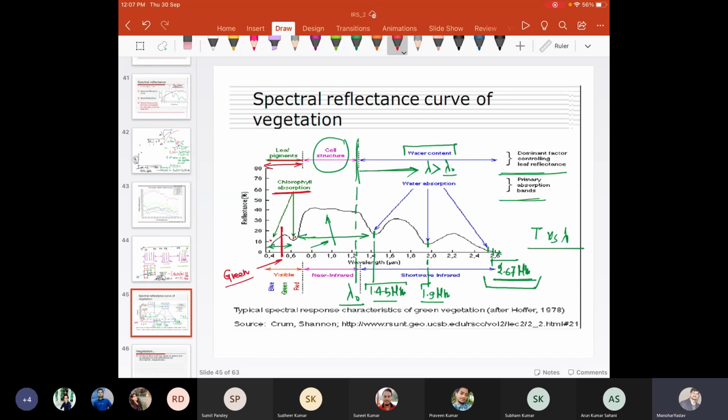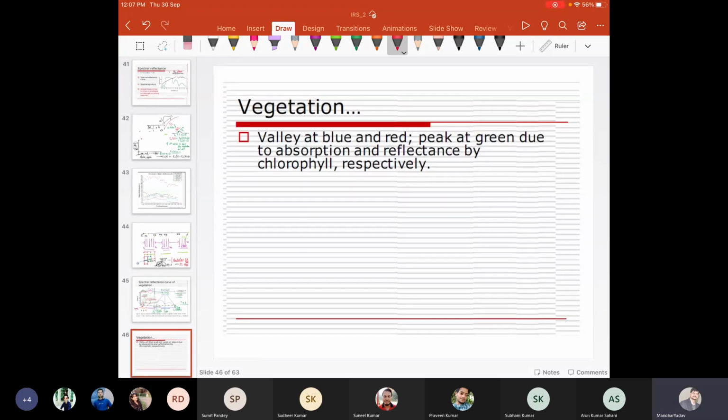And within the near infrared band, you can expect a uniform kind of reflectance between 0.7 to 1.3 micrometer, and it lies within 30 to 40%. So we have certain conclusions based on this wavelength versus reflectance curve of vegetation.